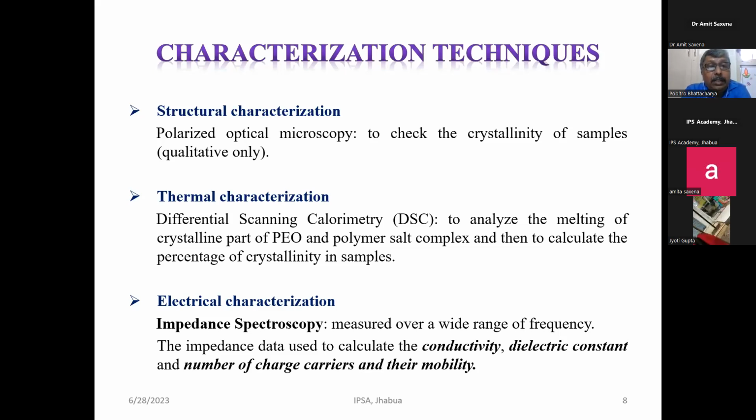And finally, it is the electrical characterization. Since it is an electrolyte, an ion conductor, impedance spectroscopy is used. Here is one set of results, so that you can understand what we expect of it.